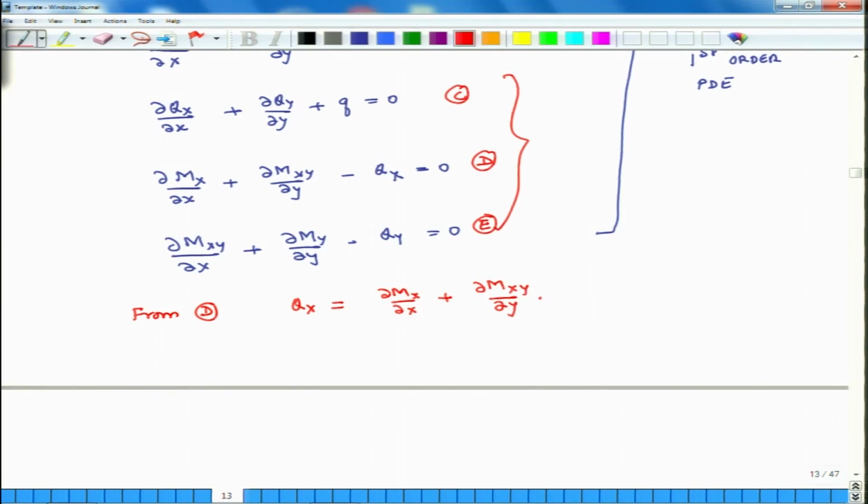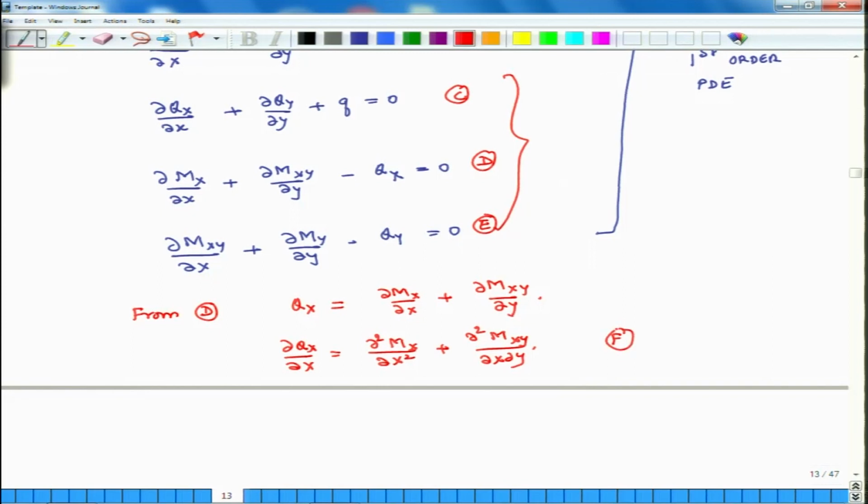If we partially differentiate this equation in x, we get del qx over del x equals second derivative of mx with respect to x plus del 2 mxy over del x del y.